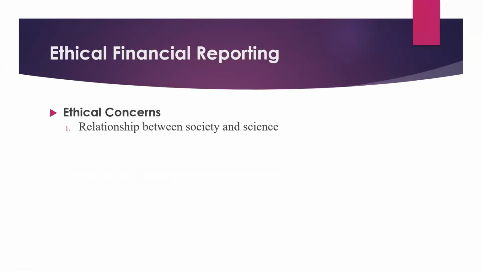Relationship between society and science. The first one is the extent to which societal issues and cultural values should direct the course of scientific investigation. The federal government spends millions of dollars each year on research and sets priorities for how the money is to be spent.